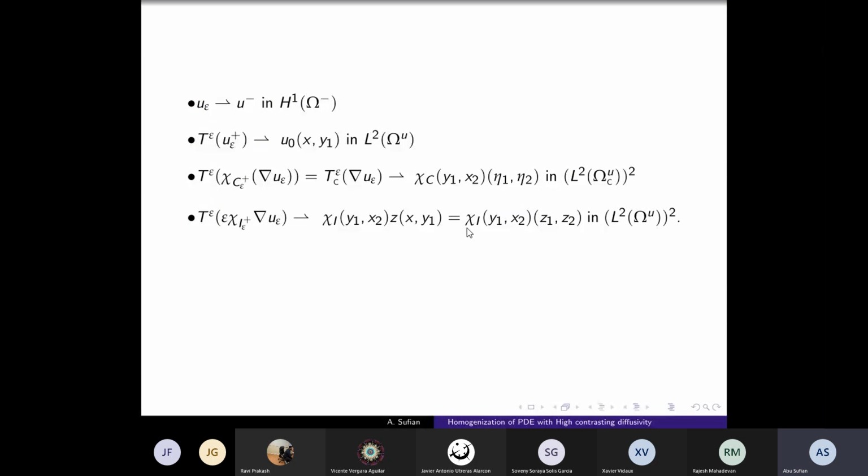So this convergence happens in the weak sense, and these are up to a subsequence.